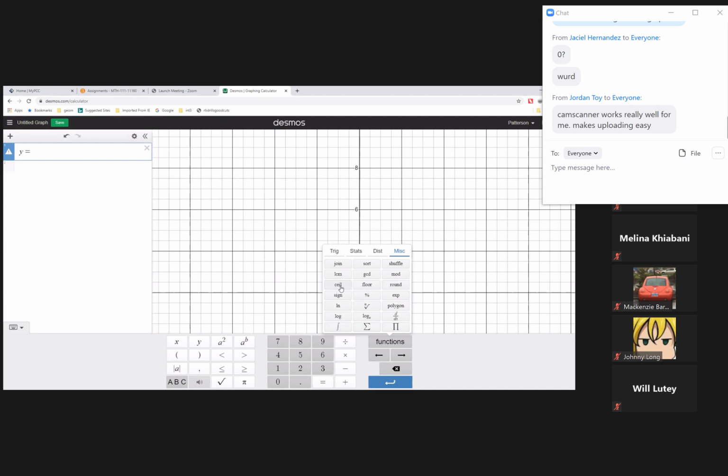It's under miscellaneous. There's one that says ceiling, floor, and round. So for example, if I go ceiling, I put an X in there, it gives me a graph. We're going to do the same thing with all three of them. I wouldn't recommend you do them all at the same time. Do them differently. So again, ceiling, floor, round. Type them in, graph them.